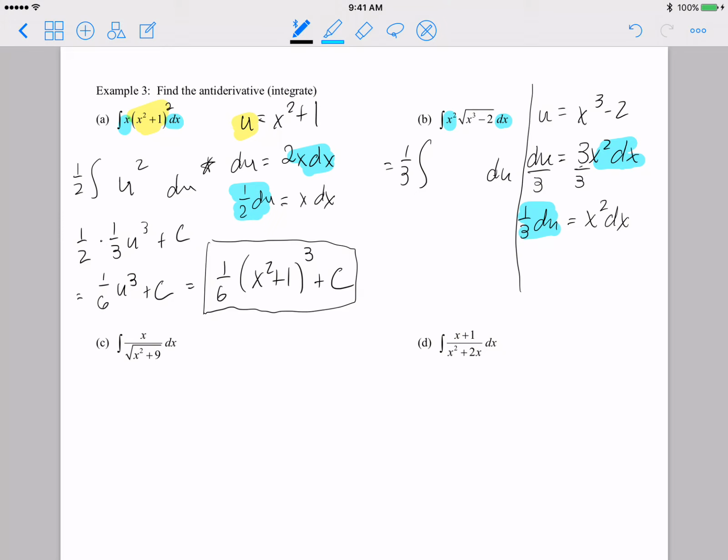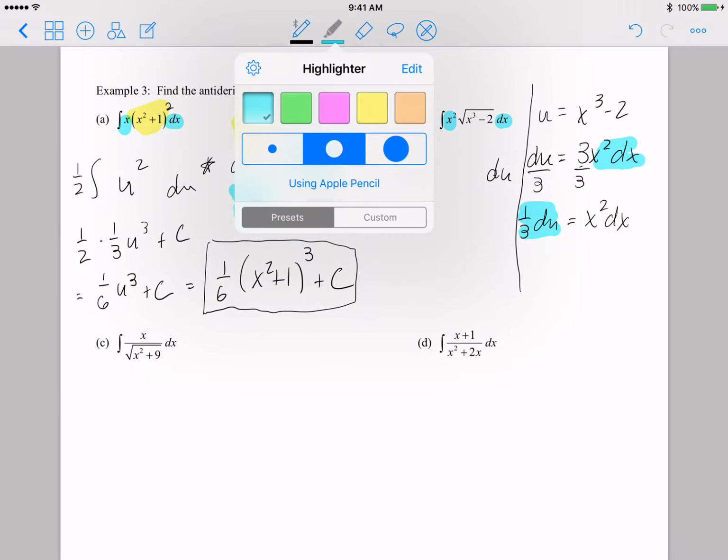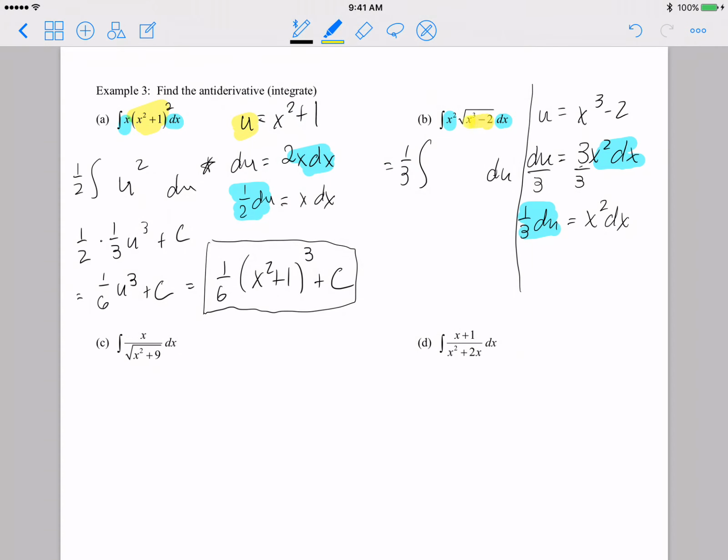And then for the yellow piece, let me get the yellow going here. For this piece under here, that's going to get replaced with u. But that is underneath the square root, and so I'm going to rewrite that as u to the 1/2 power. Okay, once I get that done, now I need to take the antiderivative of u to the 1/2.